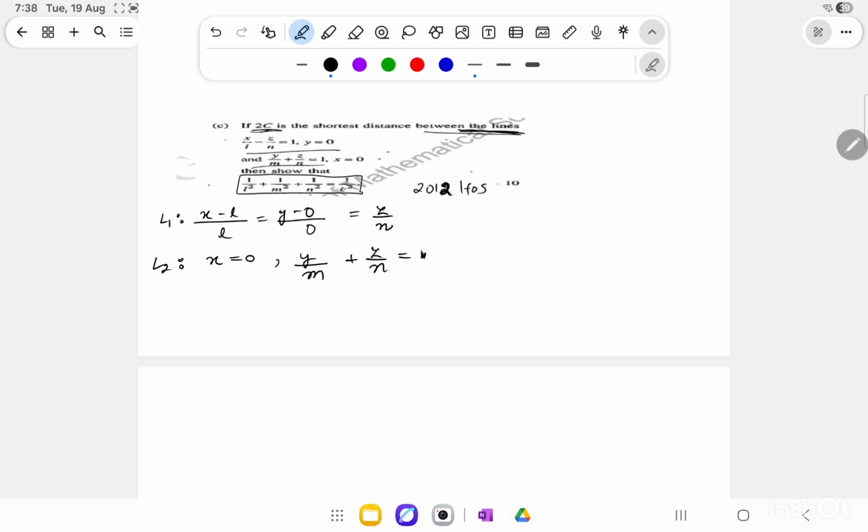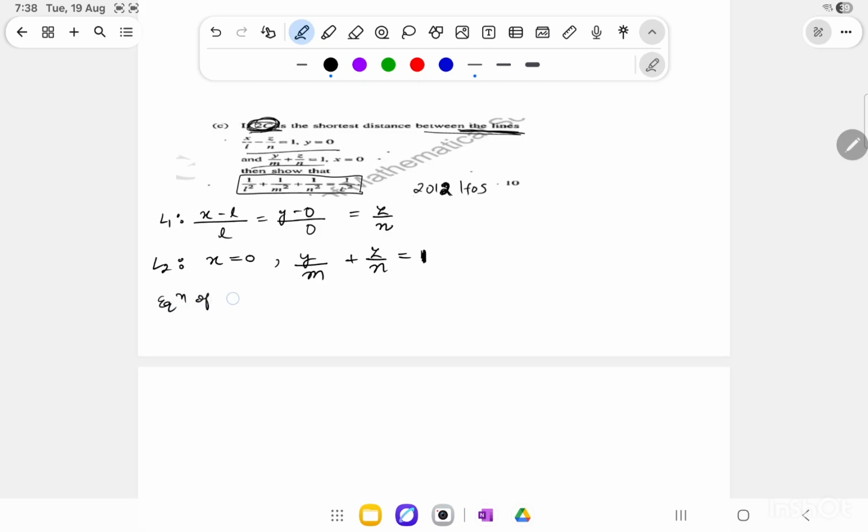Okay, so I can find the equation of a plane passing via a line. Here we are not supposed to find the shortest distance, we are just supposed to prove a relation if 2c is my shortest distance. So I'll consider a plane passing via line L2.